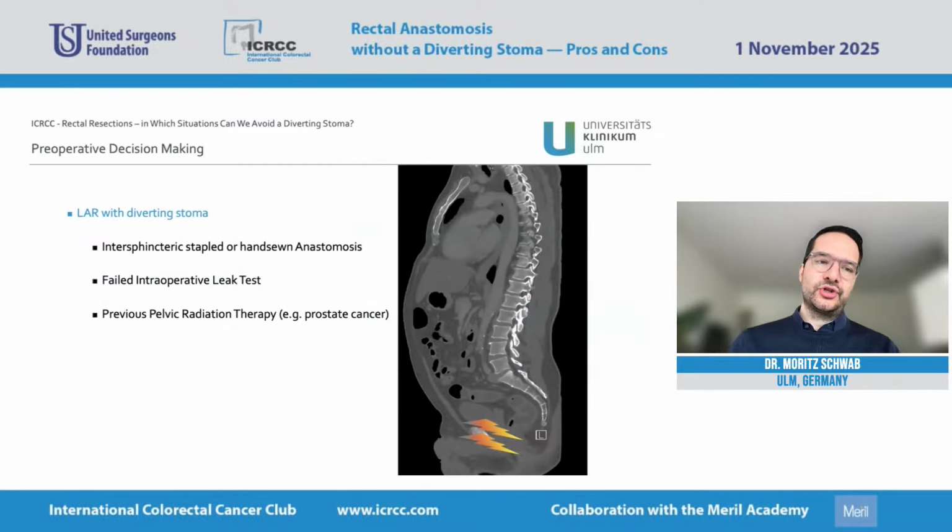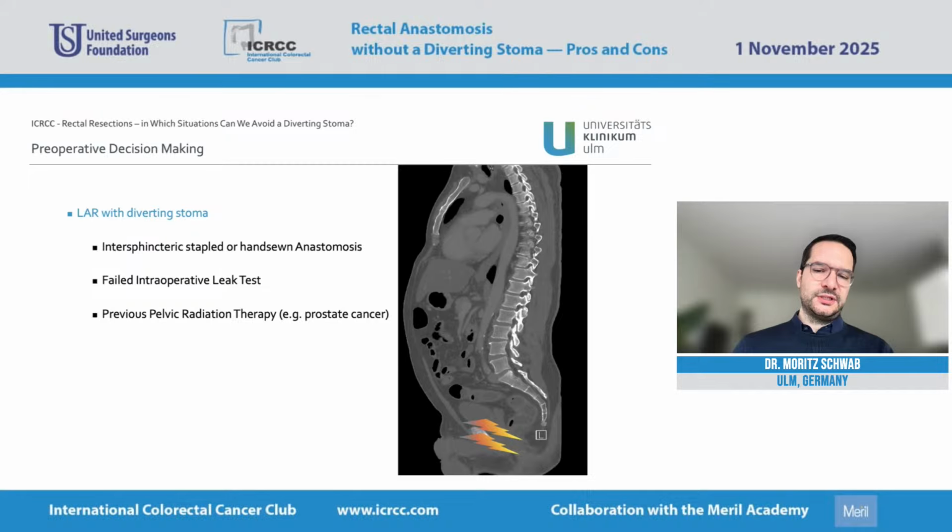In our institution, we plan a protective diverting stoma right away when we plan a very low intersphincteric stapled Hansoon anastomosis, and when the patient has previous pelvic radiation, for example, after prostate cancer therapy.